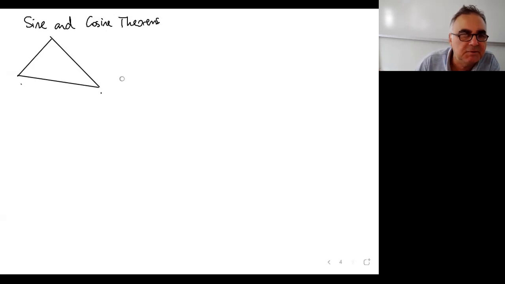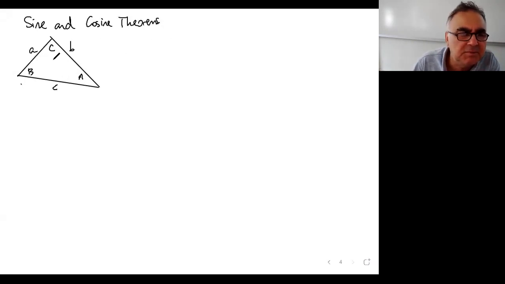Okay, let's suppose that this is a triangle. So its sides are a, b, and c, and its angles are capital A, capital B, and capital C. Well, you know this, but this is just a reminder for you, since we will be using this.